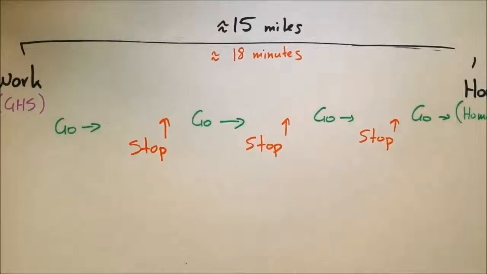If I multiply that by 60, 60 minutes in an hour, I get 50 miles an hour. So my average speed is 50 miles an hour. That's actually not bad at all. I spend most of my time going fairly quickly. So that is my average speed.